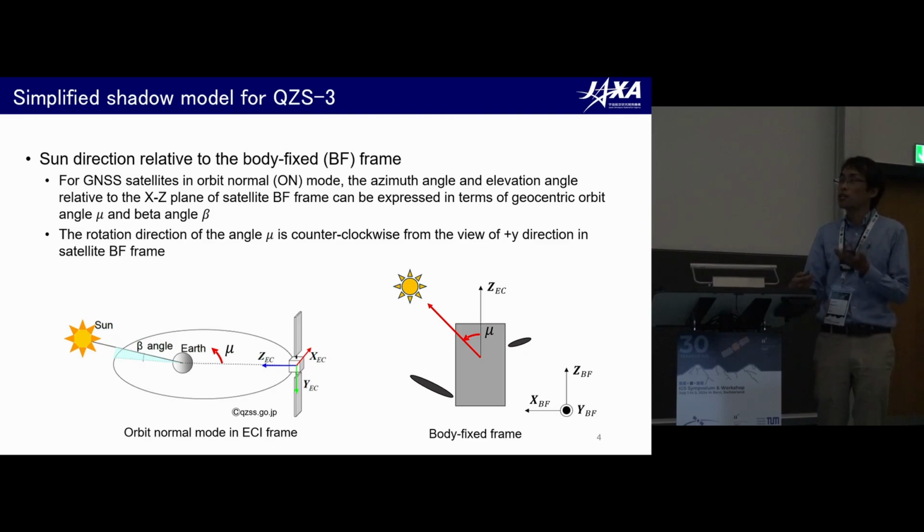In order to construct the model, we have to represent the direction of the sun relative to the body fixed frame of the QZSS satellite.